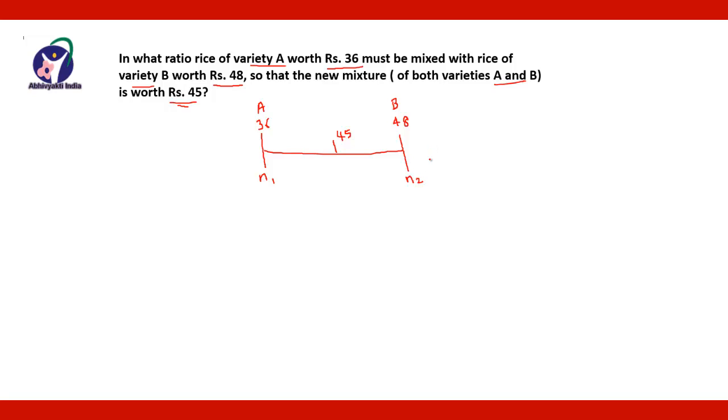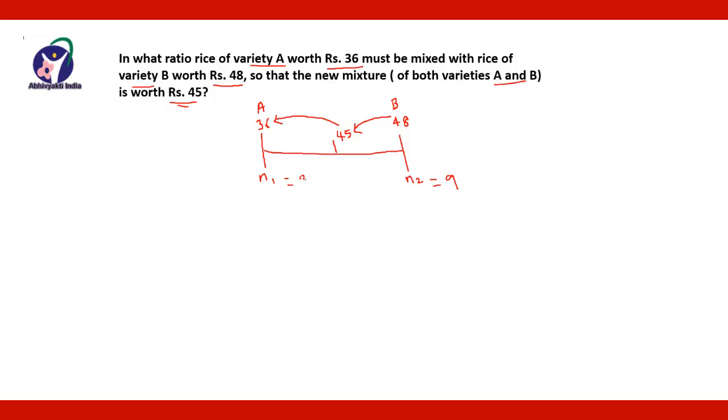To calculate N2, we subtract 45 minus 36, and that is equal to 9. And to get N1, we subtract 48 minus 45, and therefore it is 3.